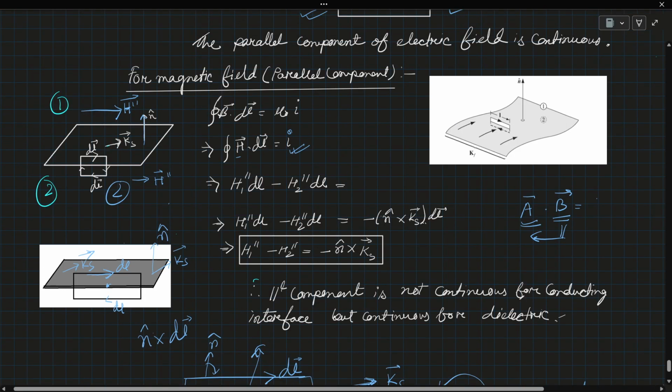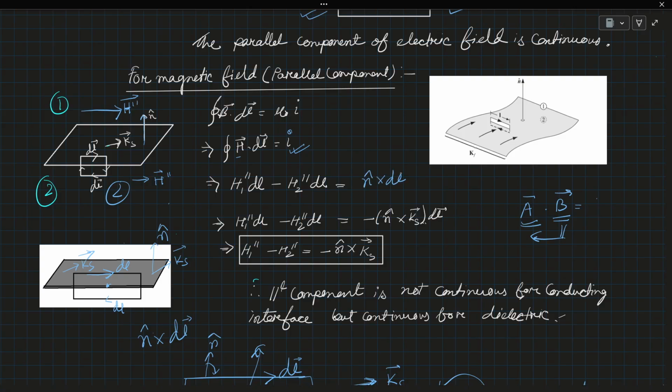So I can be written as n cross dl dot Ks, right? Again, this is the same argument as above. We can separate this whole integral into the summation of the integrations over these four sides, 1, 2, 3, 4, and only these two terms will survive, as you can see earlier.